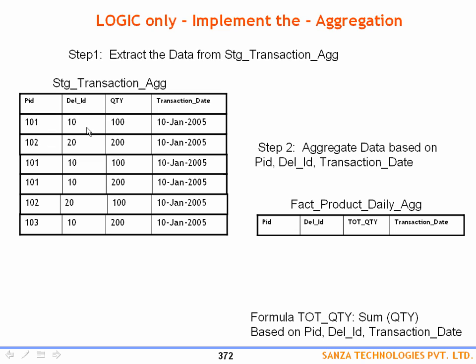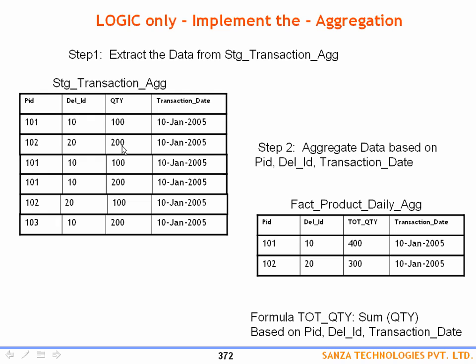We'll aggregate the data to calculate the sum of quantity for each combination on the date 10th January 2005, for example 100 plus 10, and 100 plus 300. That is aggregation.